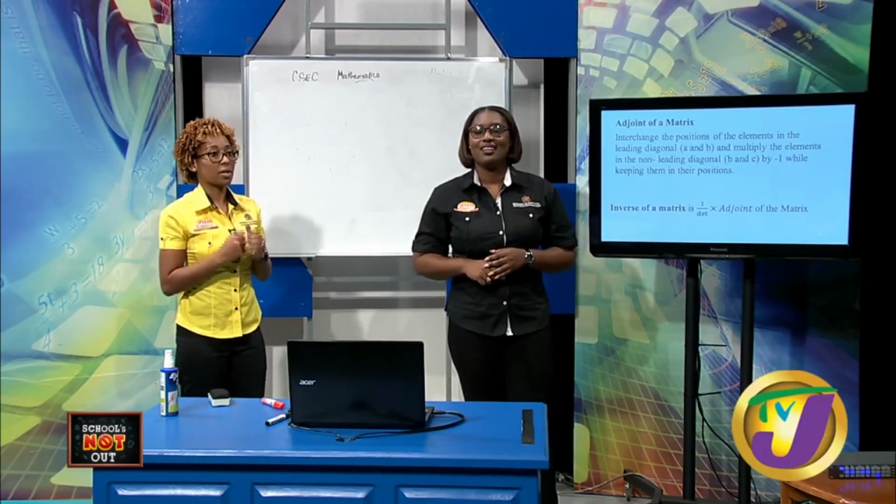So the inverse would be 1 divided by our determinant multiplied by the adjoint of that matrix to give us our inverse. And remember too, in doing the inverse of a matrix, we are looking at scalar multiplication, because you have to multiply the scalar by each element in the matrix. All right, guys? So excellent, Camille.